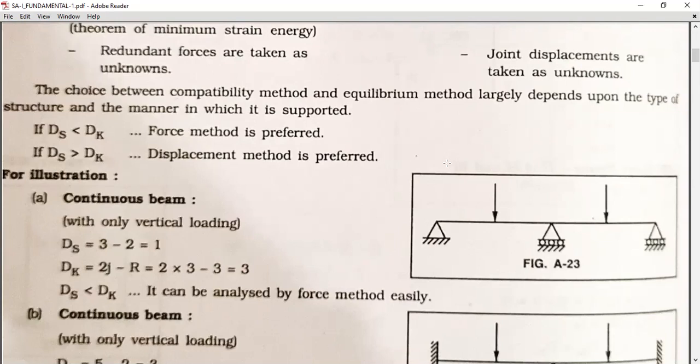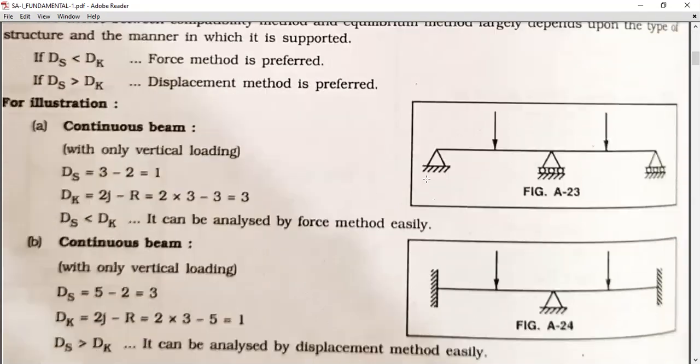We can find it from the above examples which we saw: dsi plus dse is equal to ds. From that we can find dk is equal to 2j minus r, which is 2 into 3 joints minus 3, which is equal to 3. That is why ds is less than dk, so it can be analyzed by the force method.